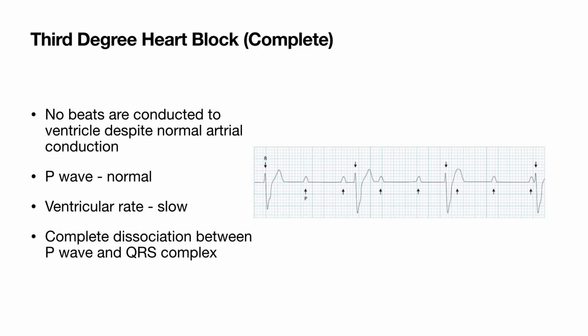If QRS complexes occur at a rate of 40 to 60 per minute, as the AV node beats at the rate of 40 to 60 per minute, with normal structure of QRS complexes, then it is third degree heart block with nodal rhythm.